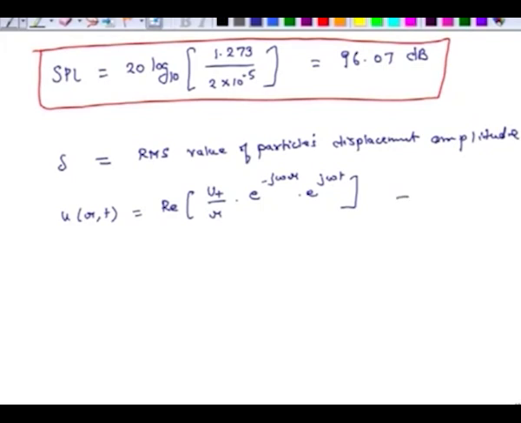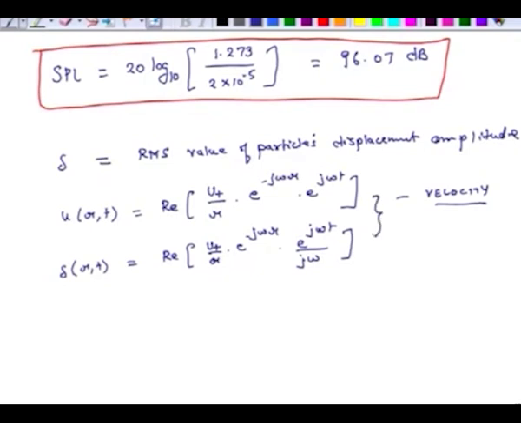So, this is my relationship for velocity, and my displacement relationship I can get by integrating this velocity relationship over time. So, what I get is real of u plus over r times e to the minus j omega r times e to the j omega t divided by j omega.